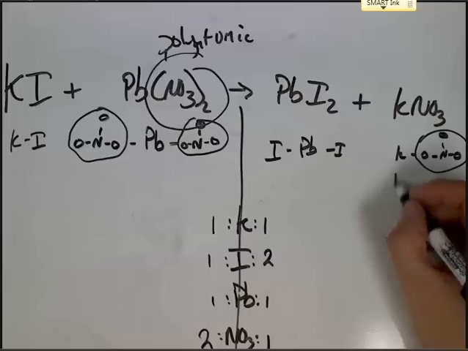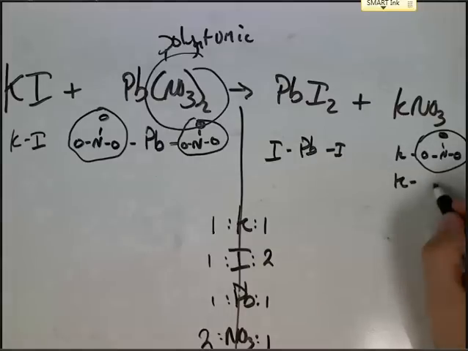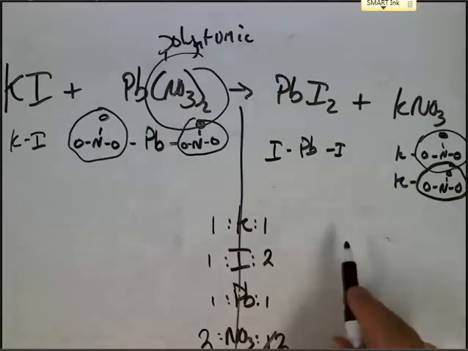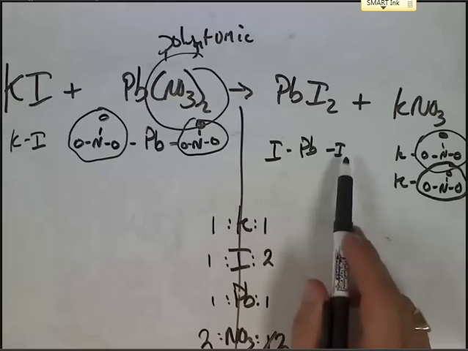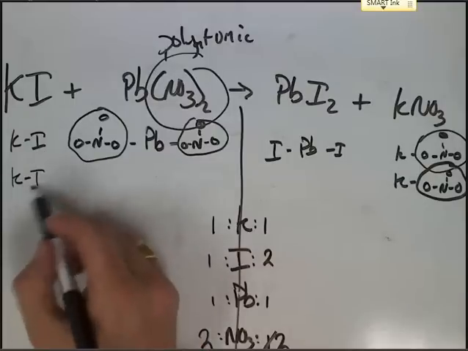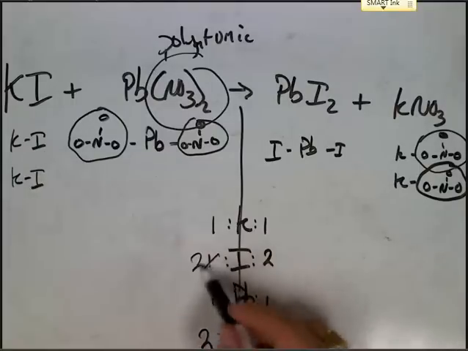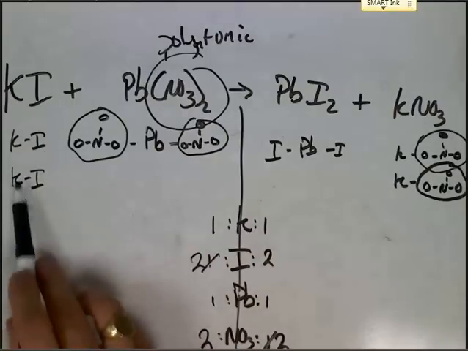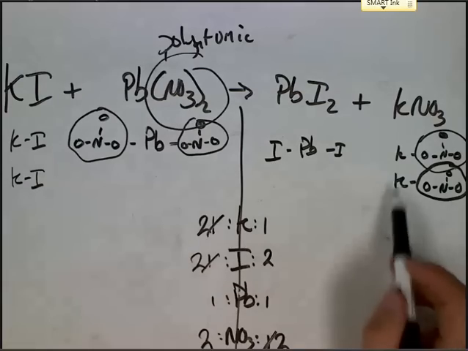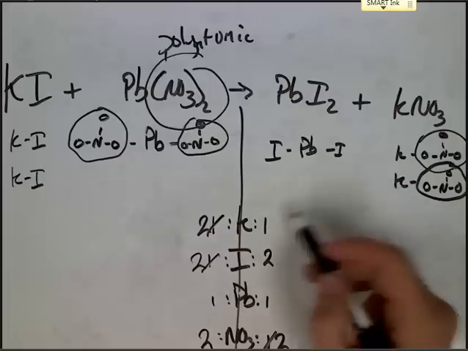Let's fix that first. So I'm going to need another nitrate. Okay. Now I have 2 nitrates on that side. The other thing I'll need to fix is the iodines. 1, 2, and I've only got 1. So add another one of those guys. Now, see, here's the issue, is I've added 2 potassiums, which I go over here and look, ooh, I forgot to update it. 1, 2 potassiums.